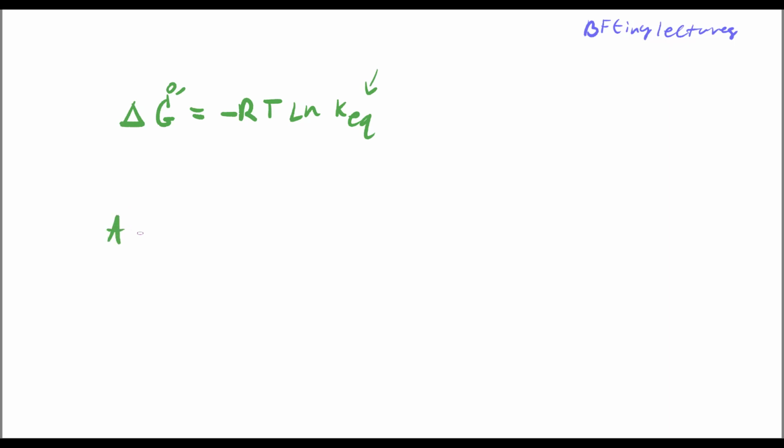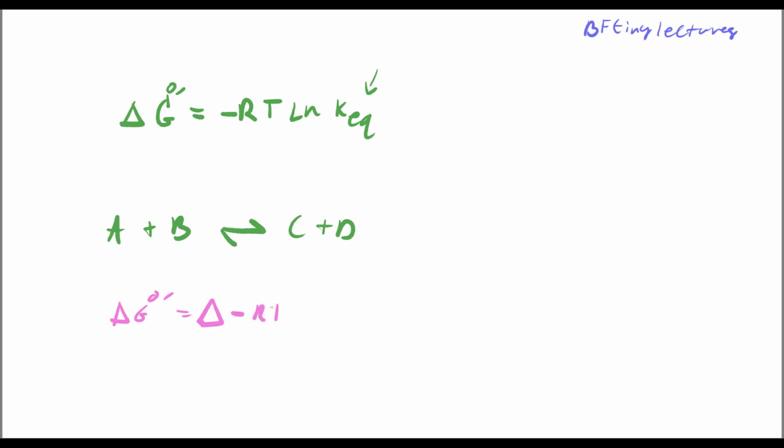Well, let's say that you have a reaction, A plus B gives you C plus D. So now we have to find what delta G prime is. Okay, so what is that equal to? Well, we can say that delta G prime is going to be equal to the Gibbs free energy, so it should work on my triangles, right?